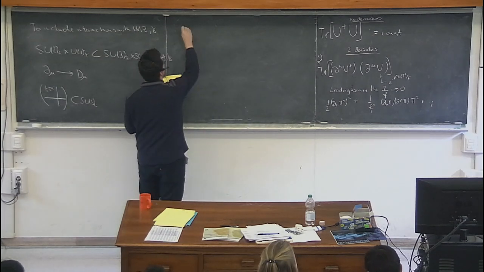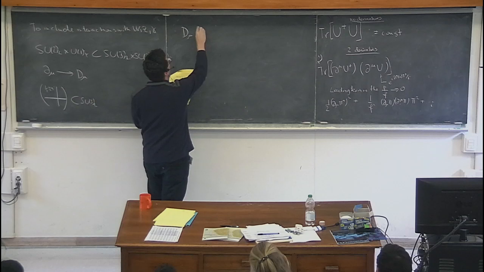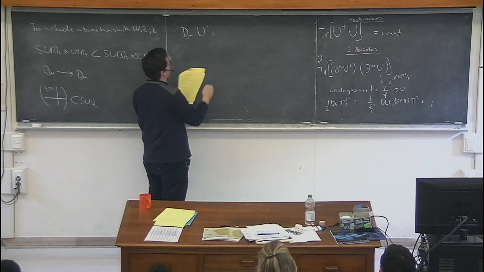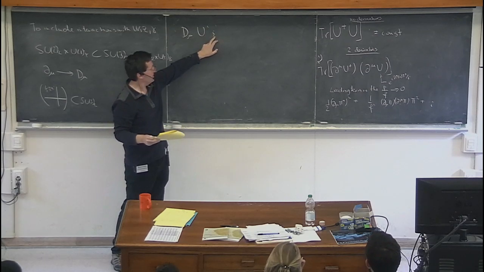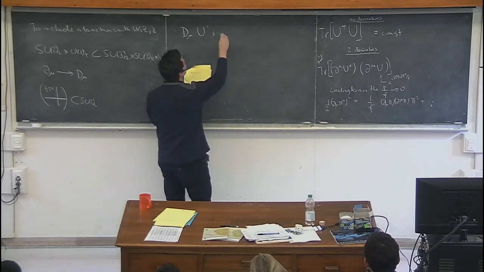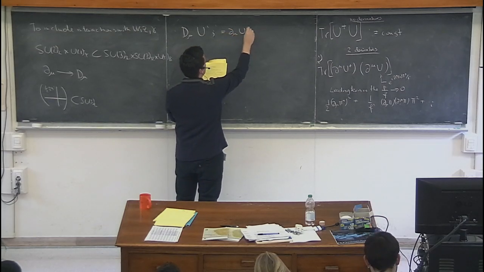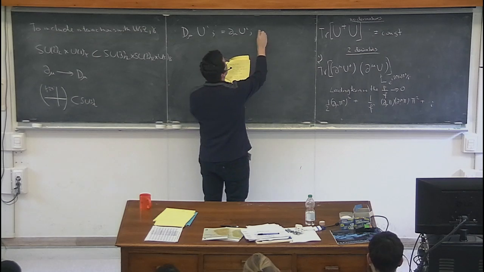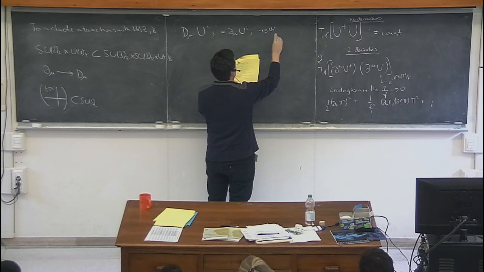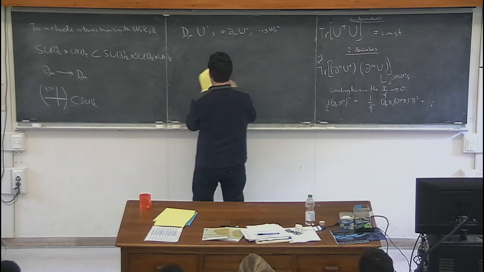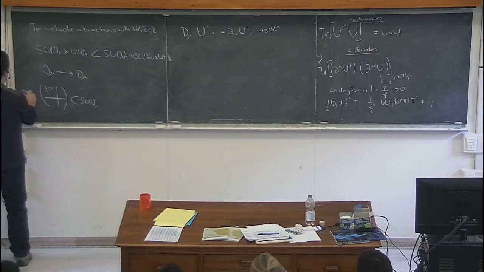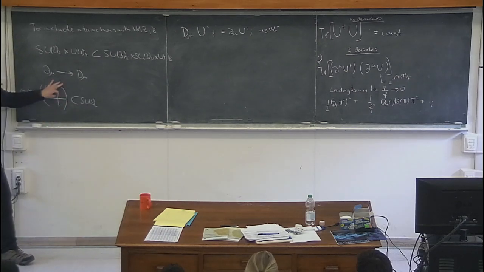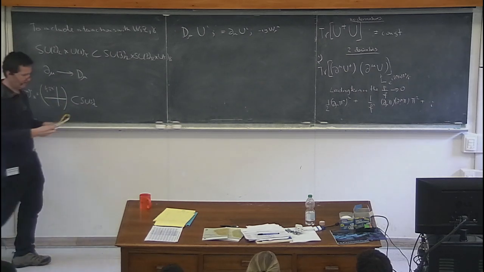So you will have d mu of U. This is a 3x3 matrix, one index is an SU3 left, the other is an SU3 right. So you will have something like d mu U_ij minus i g W mu a, and then I will call this matrix now the tau a ik matrix. So it's now a 3x3 matrix where you have just an explicit embedding here.